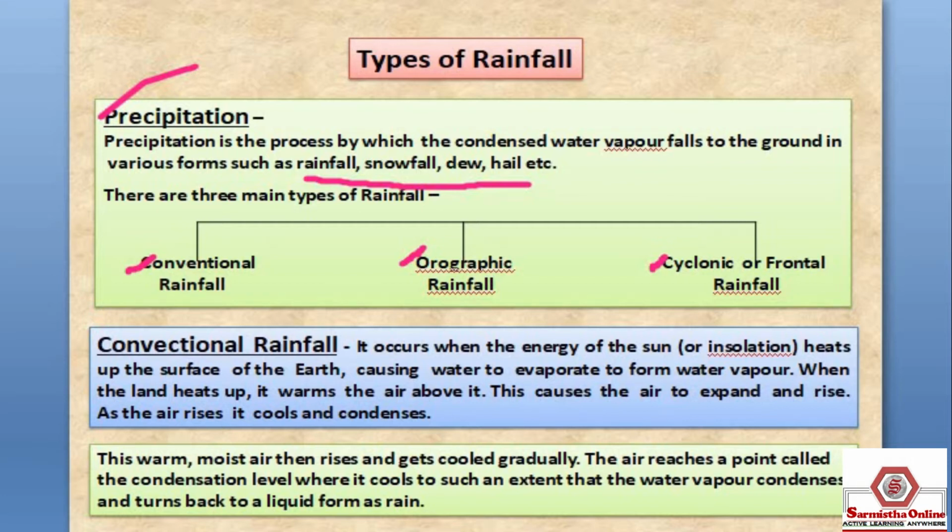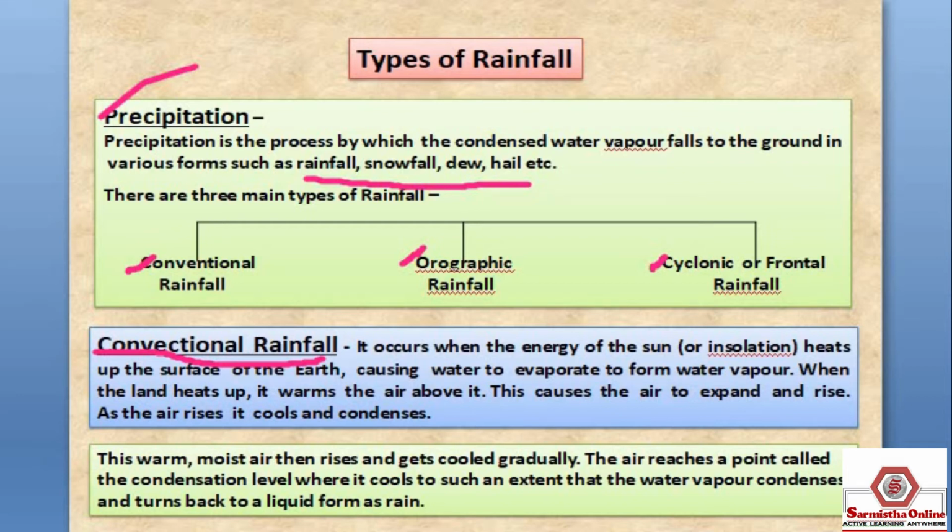What is convectional rainfall? Convectional rainfall occurs when the energy of the sun or insolation heats up the surface of the earth, causing water to evaporate to form the water vapor. When the land heats up, it warms up the air above it, and this causes the air to expand and rise.